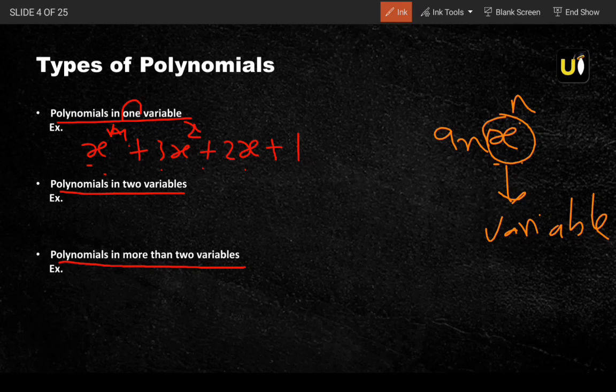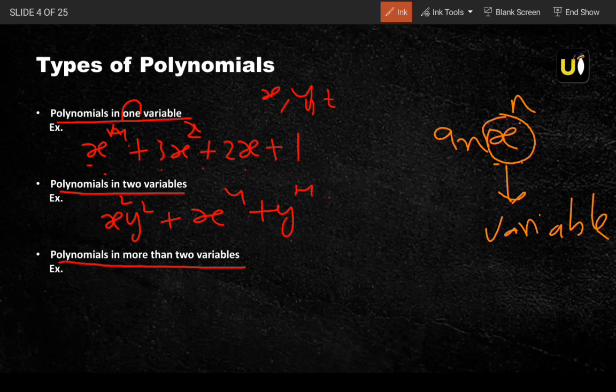So this is a polynomial function in two variables. What if we have more than two variables? Let's write an example: x^3 + y^3 + z^3. So now here we are having three different variables. One is x, another is y, and the other one is z. So basically these are the types of polynomials.